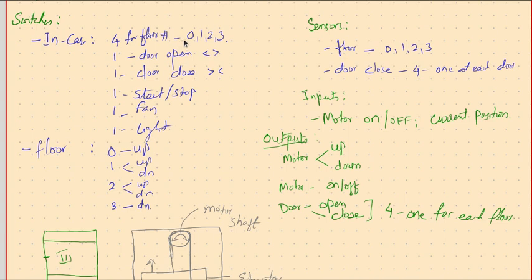How many possibilities are there? 1, 2, 3, 4, 5, 6, 7, 8, 9, 10, 11, 12, 13, 14, 15 are the inputs coming from switches. 16, 17, 18, 19 plus 4, 23, 24, 25, 26, 27, 28, 29, 30.